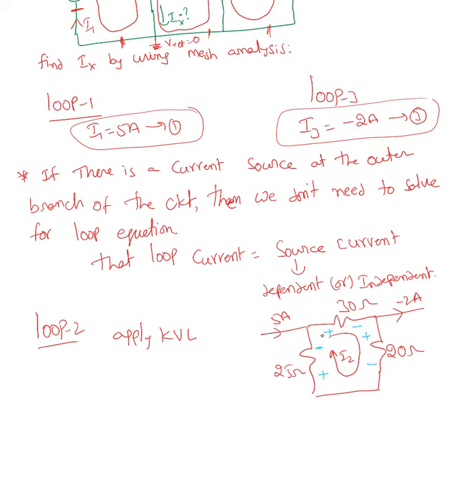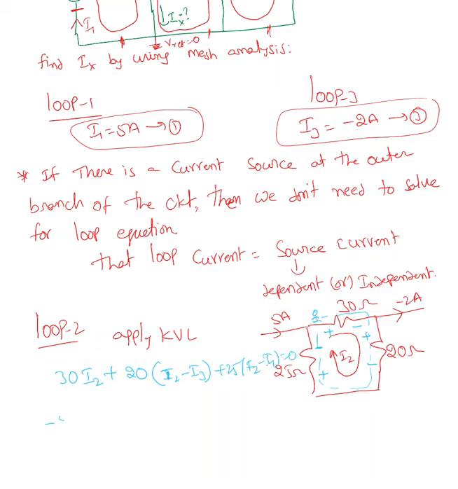Okay, and start walking from one node and reach the same node by passing through each element only once. So the voltage drop here must be 30 times I2 plus 20 times I2 minus I3 plus 25 times I2 minus I1 equal to 0.